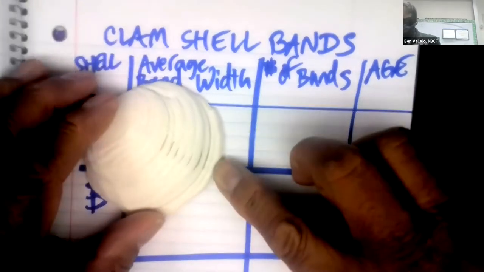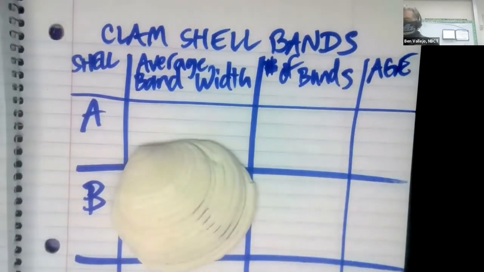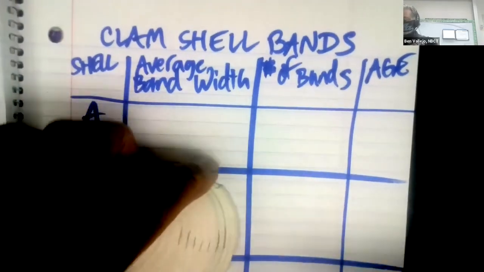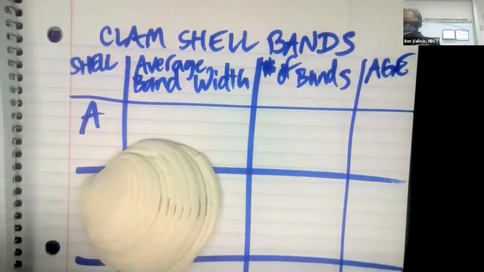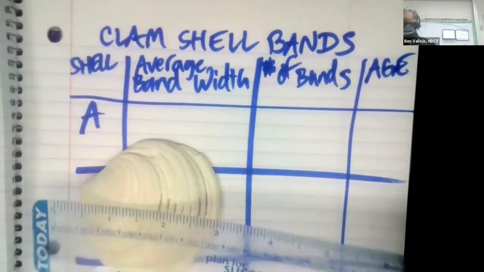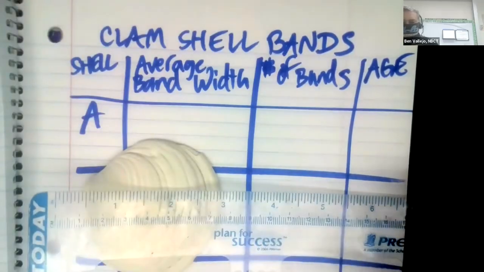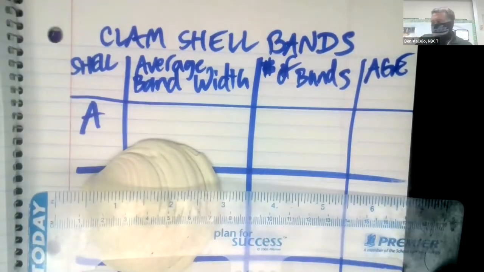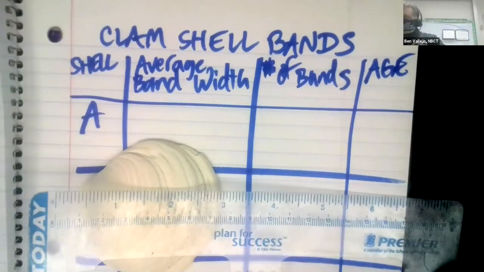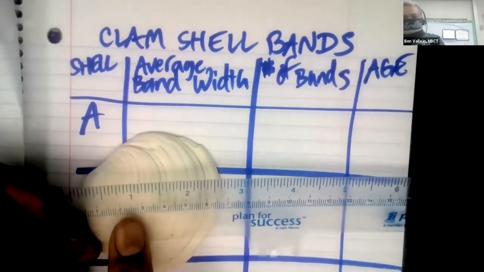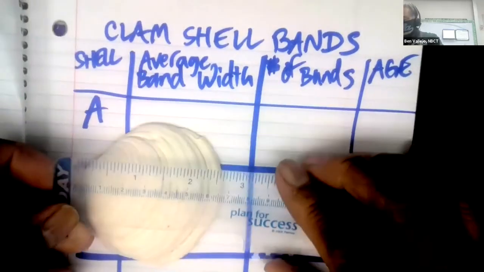Let's take a look at this one. What I wanted to do is measure the width. So I'm going to measure the width of these bands with my ruler. I've got a ruler here that has inches on it, so I'm going to get a different ruler that more easily has the millimeters on it, because you can see they're right there, but it's kind of hard to see for me.